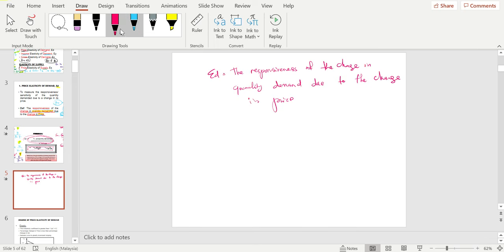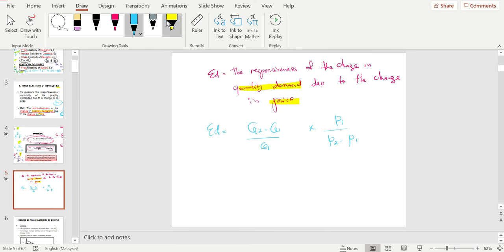So it's about the change in the quantity demand due to the change in price. So in terms of the formula, ED will be Q2 minus Q1 over Q1 times P1, P2 minus P1. So why do we have Q1, Q2, P1, P2?